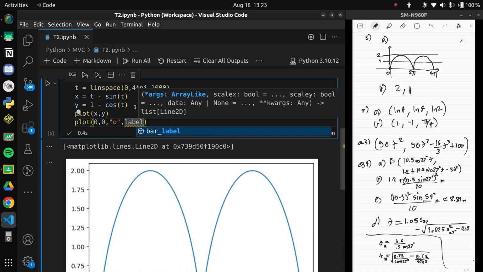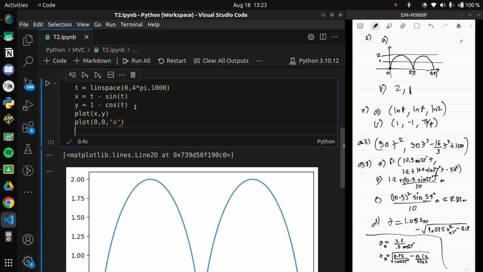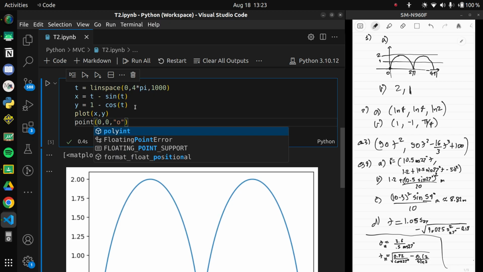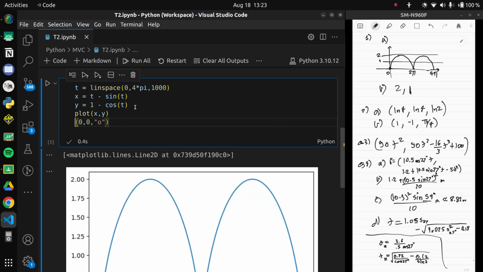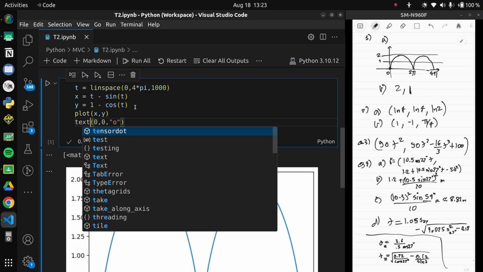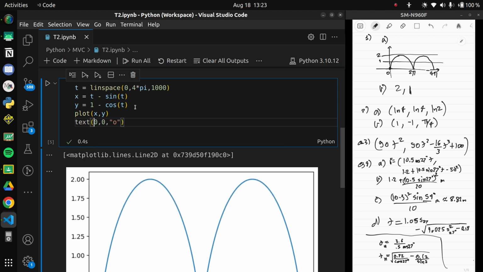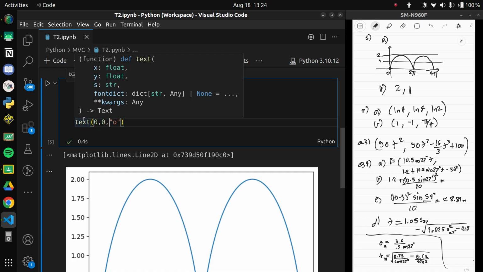I don't know what that does. How do you annotate this thing? Text, yeah, I guess. Oh, it's x, y, the string.